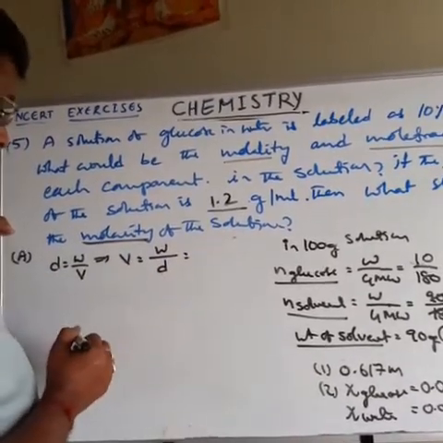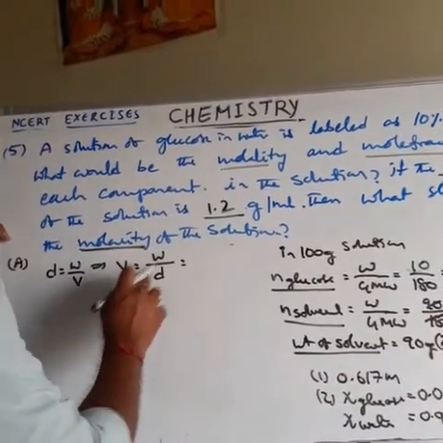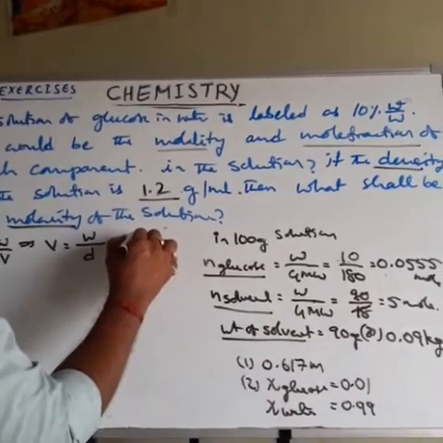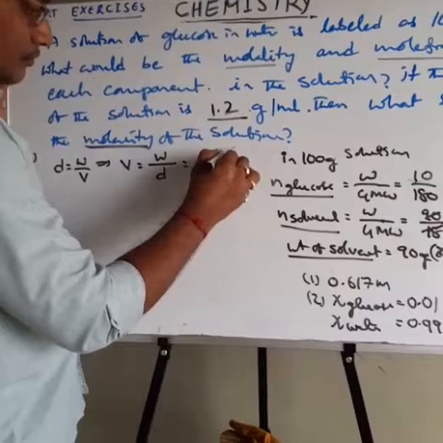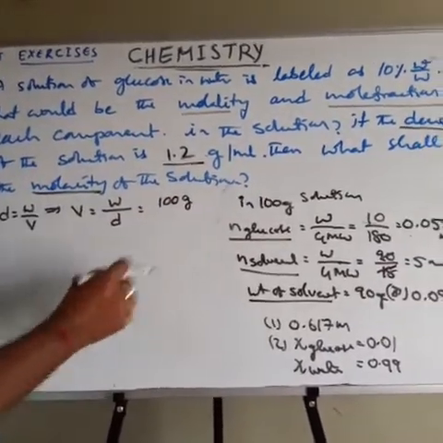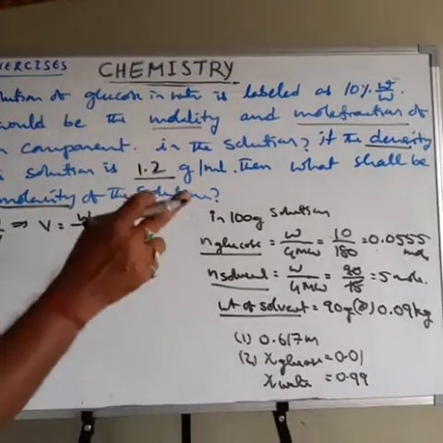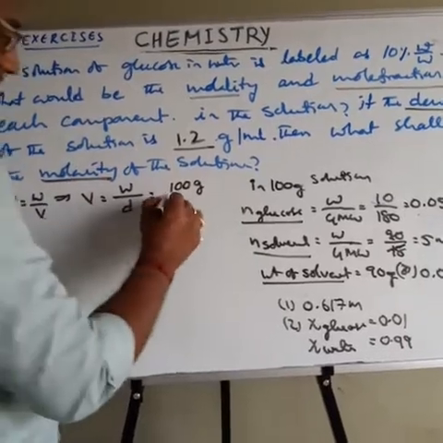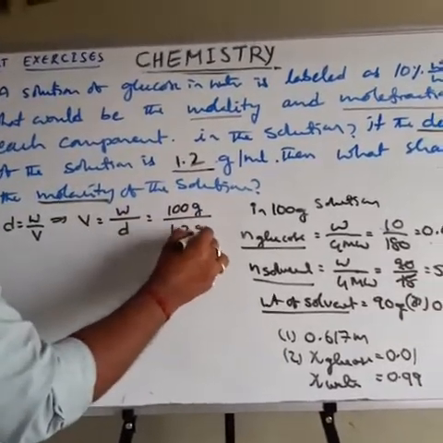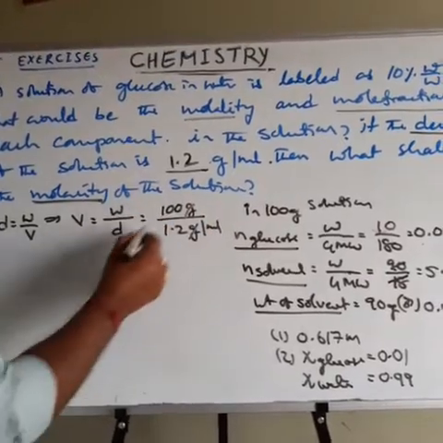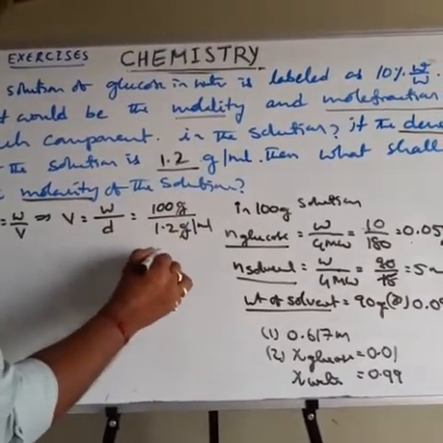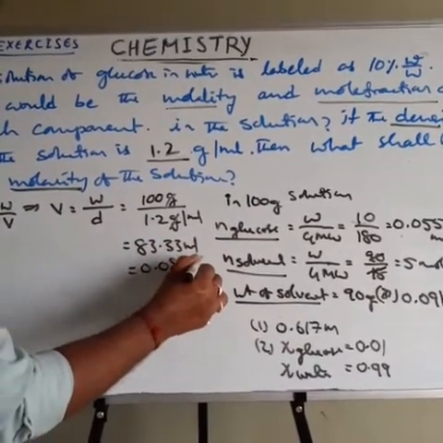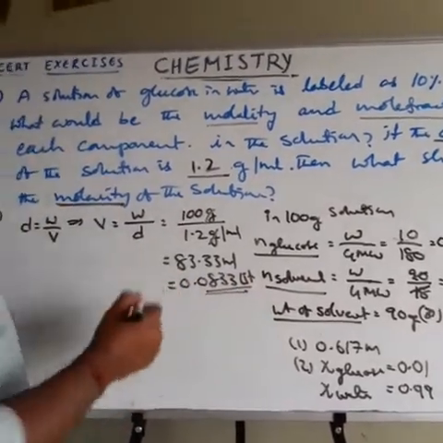The weight of the solution is 100 gram, because 10% weight by weight means 10 gram of solute is present in 100 gram of solution. So 100 grams divided by density 1.2 gram per ml gives 83.33 ml or 0.0833 liters. This is the volume of solution.